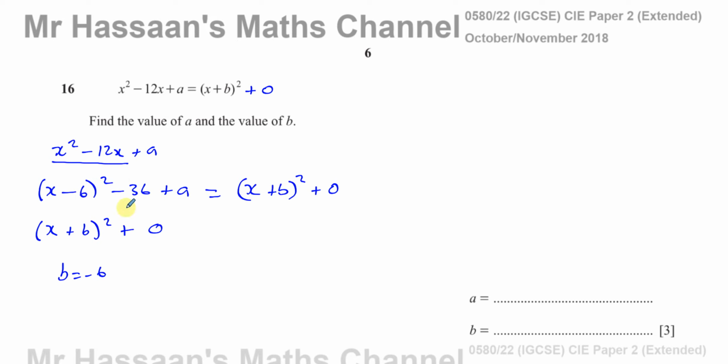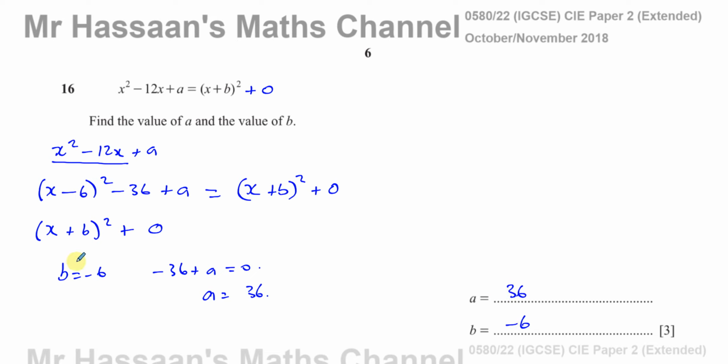So whatever's outside here must be equal to 0. So we can say that minus 36 plus a is equal to 0. So a is equal to negative 36. Oh, so in fact, positive 36, sorry, because you've got to add 36 to both sides. So you'll then end up with a equals 36 and b equals negative 6.